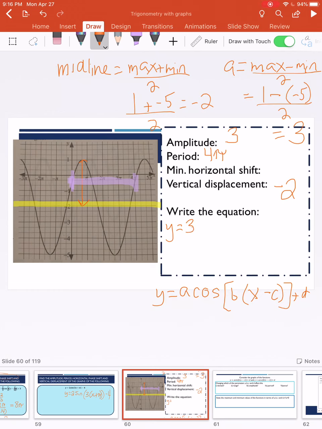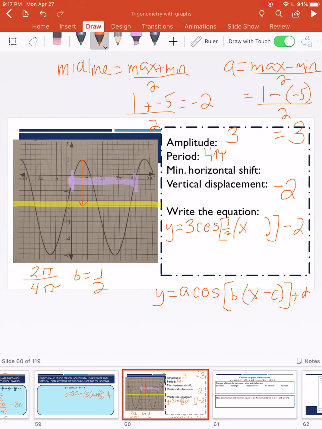So we know the A value, the amplitude, is 3. We know the B value, actually we'll have to figure that out. So my B value is 2 pi over the period, which is 4 pi. So then my B value has to be 1 over 2. Okay. And I'm skipping the C, and then my midline's -2.